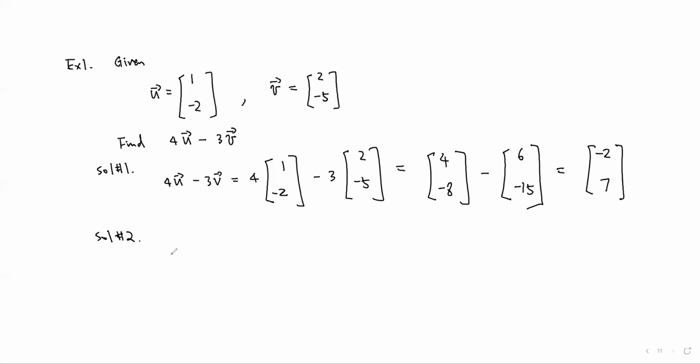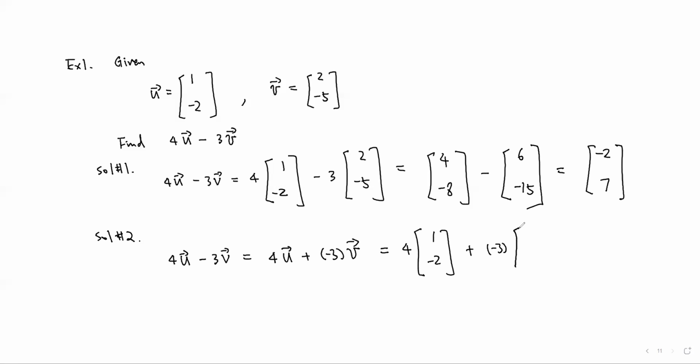Solution 2. Okay. 4u minus 3v. I can view this expression as 4u plus -3 times v. Okay. So, what is u? (1, -2) plus -3 times (2, -5).